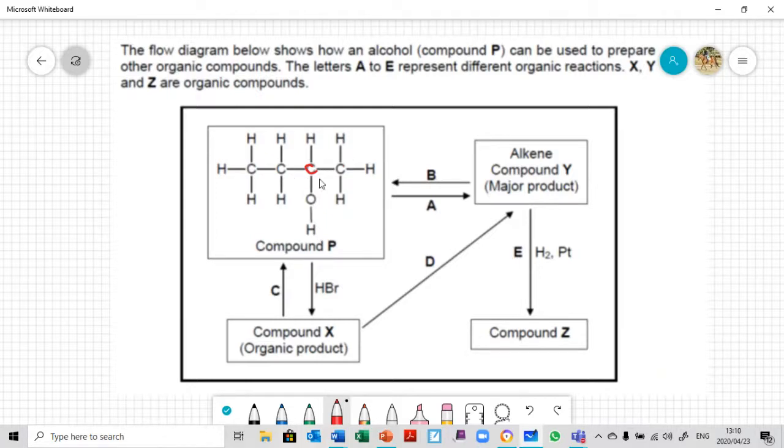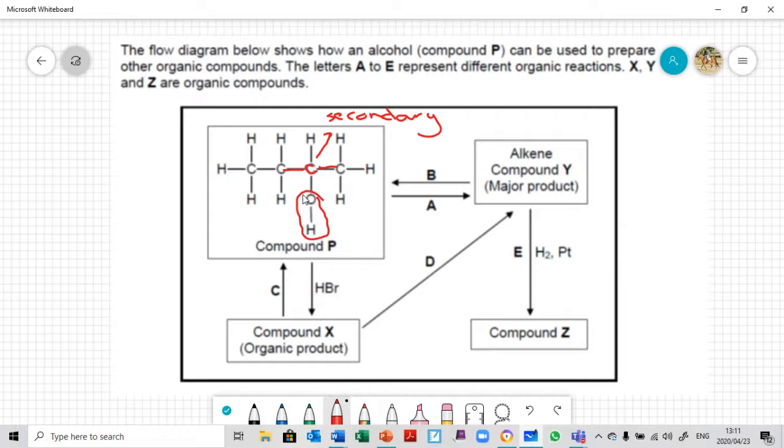This carbon here is attached to 2 other carbons. That means that this carbon is a secondary carbon, and therefore, because the alcohol group is attached to a secondary carbon, we refer to this as a secondary alcohol. I'm going to say that again.